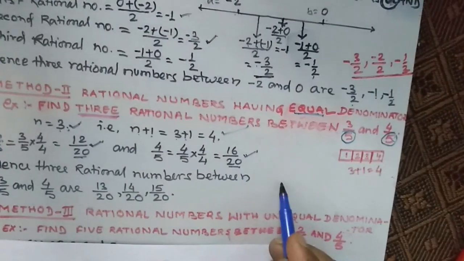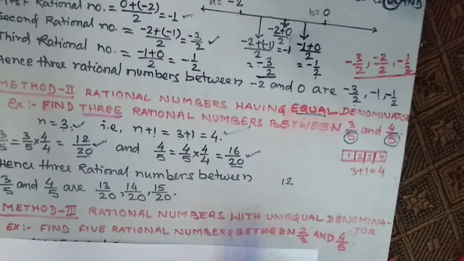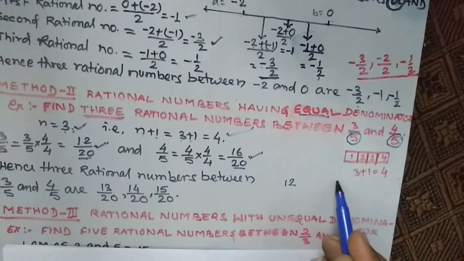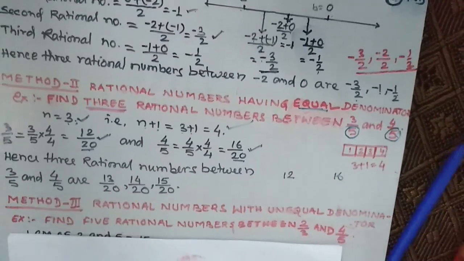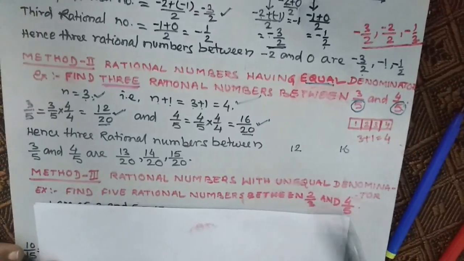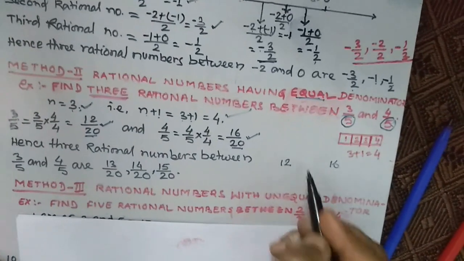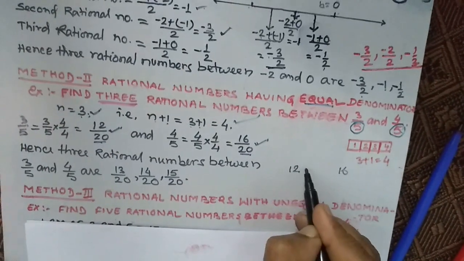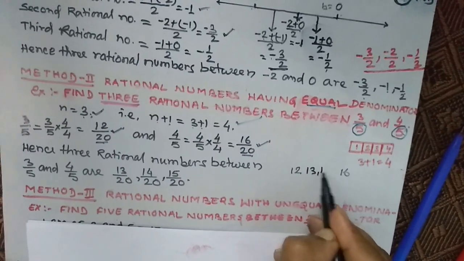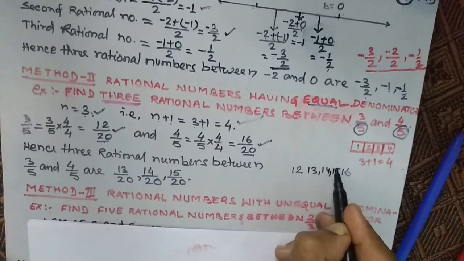Now you have the numbers 12 and 16. Can you write the numbers between 12 and 16? They are 13, 14 and 15.